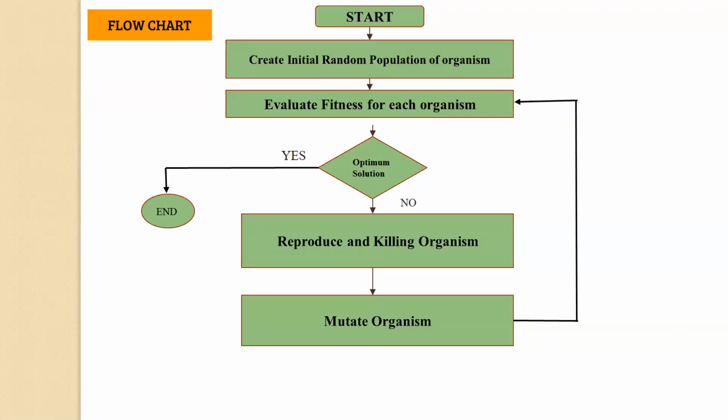If the optimum solution does not fit our design, then reproduce those organisms again, killing those organisms of past behavior by doing crossover and by doing the mutate function. Again, it is a recursive operation.